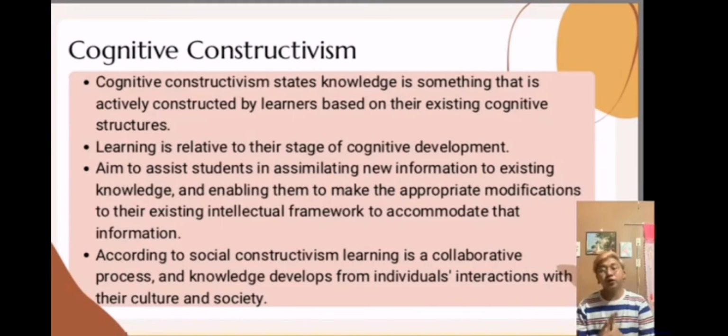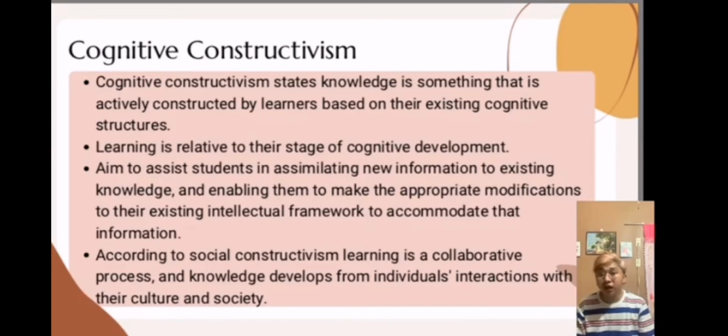Now, according to cognitive constructivism, knowledge is actively constructed by learners based on their existing cognitive structures. Cognitive structure is the fundamental mental process that people utilize in order to make sense of information.